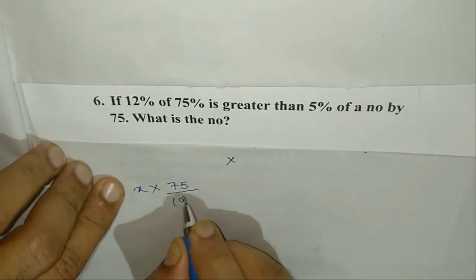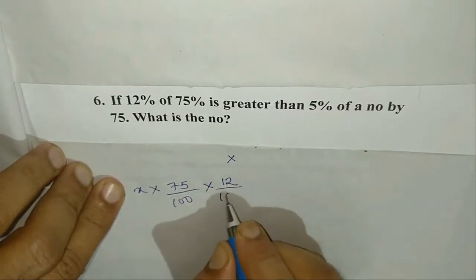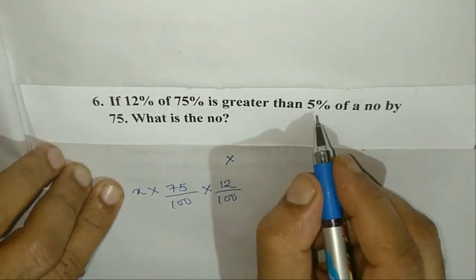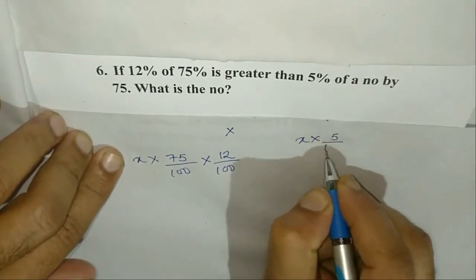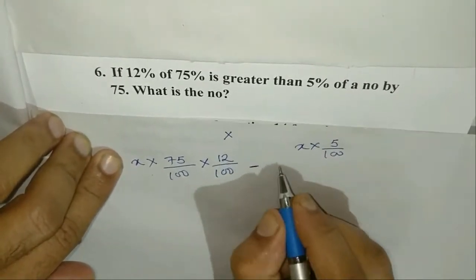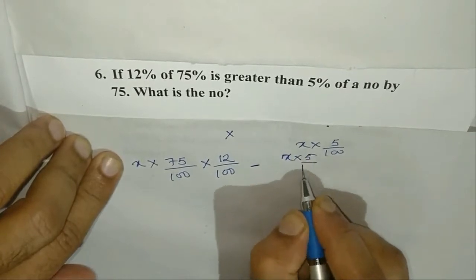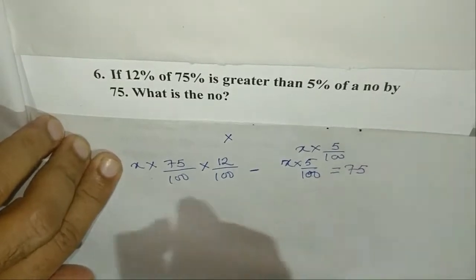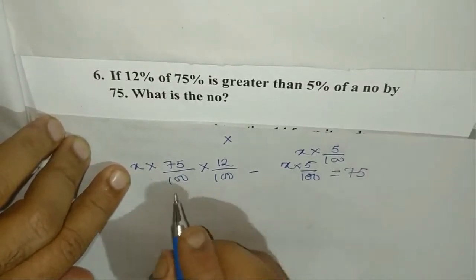So 75% of x is nothing but x into 75 divided by 100, and now we calculate 12% of it, into 12 divided by 100, and then what is the 5% of the number? Right, so we need to calculate 5%: x into 5 by 100. As per the statement, we are going to subtract this, x into 5 by 100, and we will get 75.